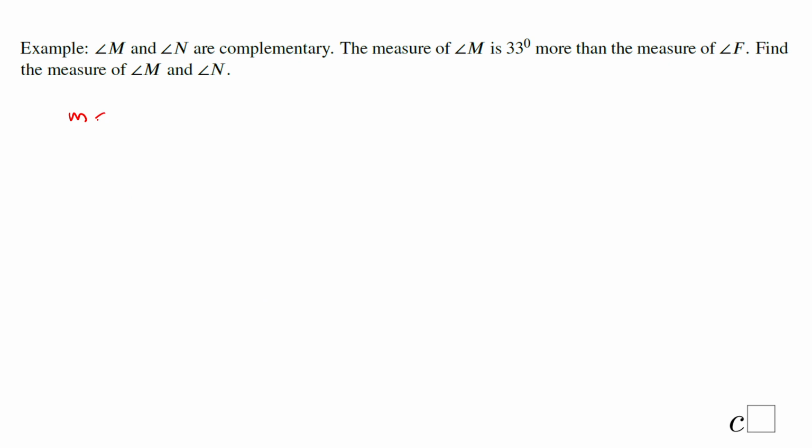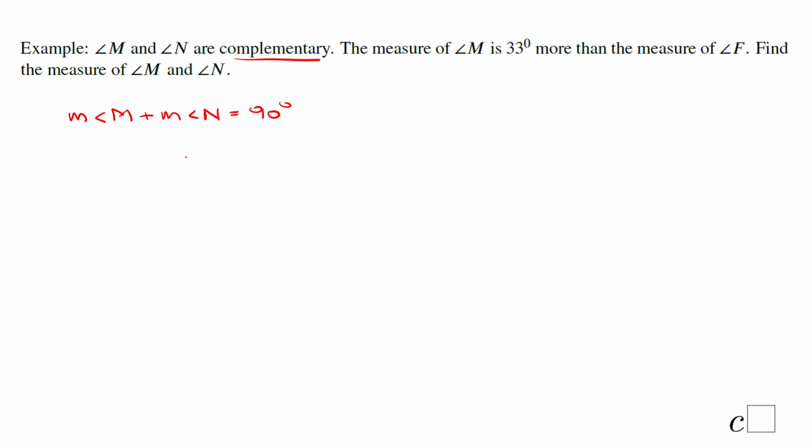We're going to start with the first statement, the measure of angle M plus the measure of angle N equals 90 degrees. That is the statement. And now let's go to the second one.